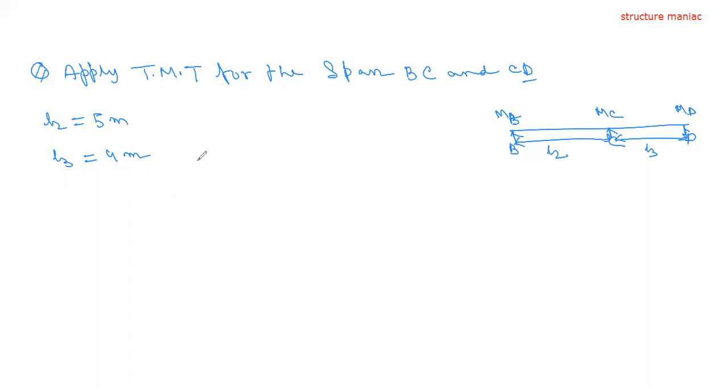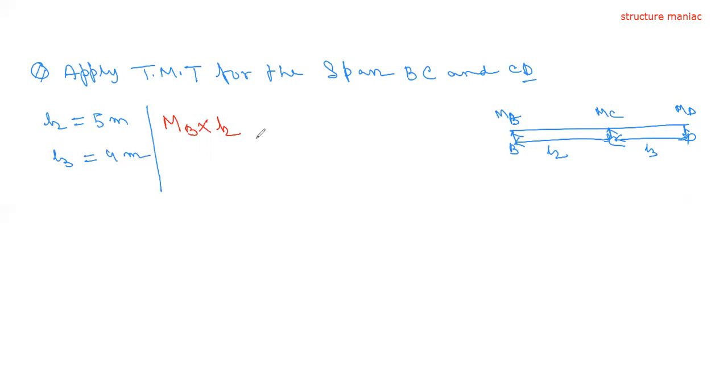So now just write Clapeyron's three moment theorem here. So what was the theorem? MB into L2, right? Here L2 and L3. Before, for the span AB and BC, we had the span lengths L1 and L2.